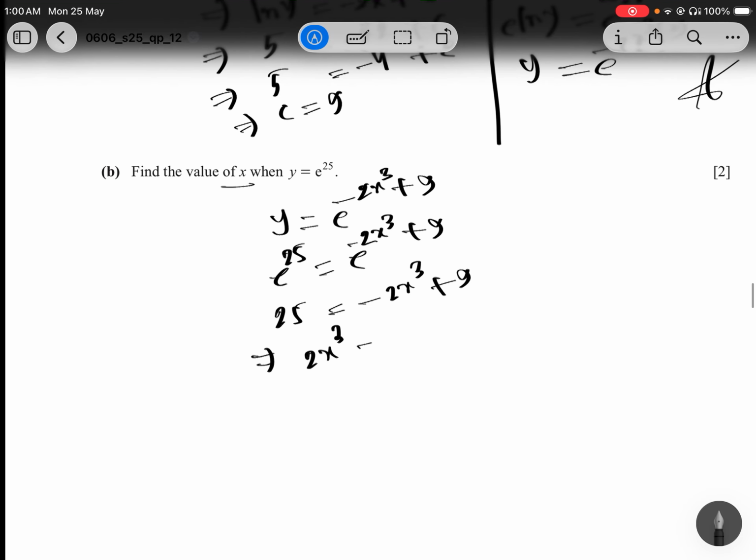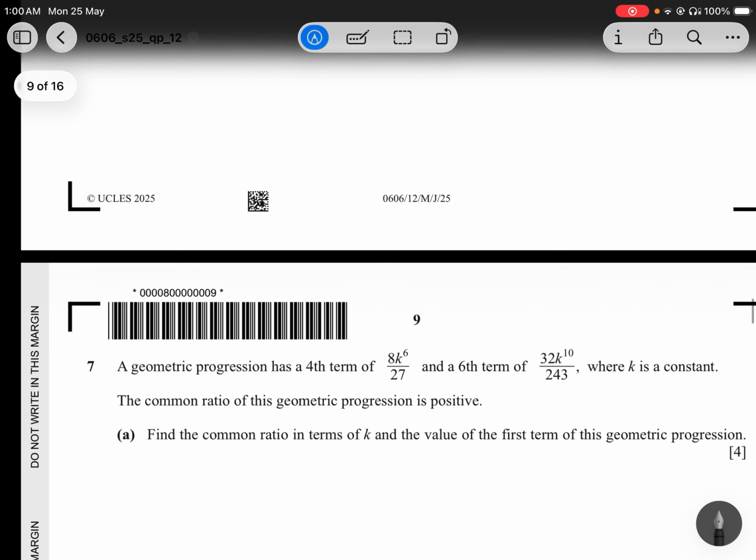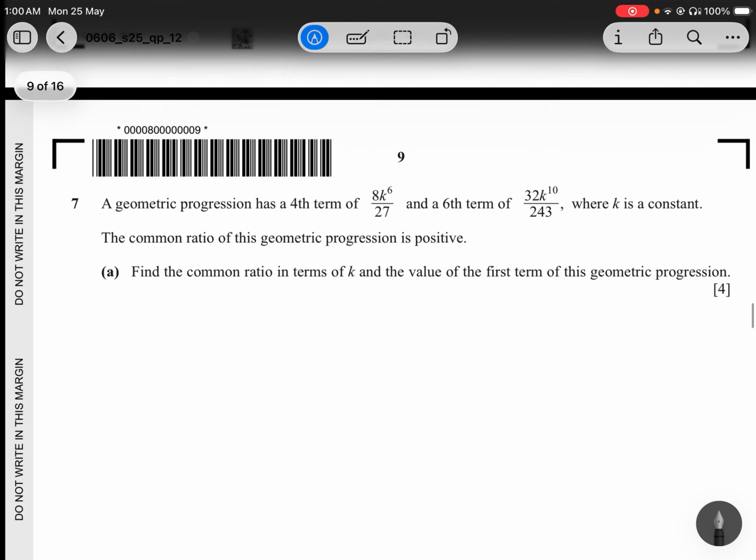So 2x cubed on the left-hand side positive. I mean minus 25 plus 9 here, minus 16. 2x cubed, so x is equal to negative 2. Should be the answer. Let me check one more time. Yeah, I think I did it correctly. No issues.